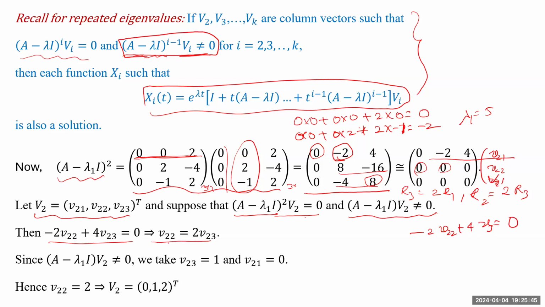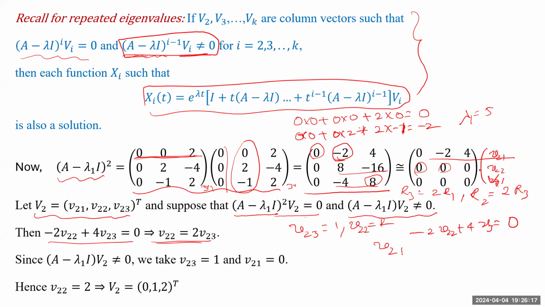So then V22 is equal to 2 V23. So what is that value? You can consider V23 is equal to 1, and you will get V22 is equal to 2. So then what is your V21? That is your choice, that is arbitrary.